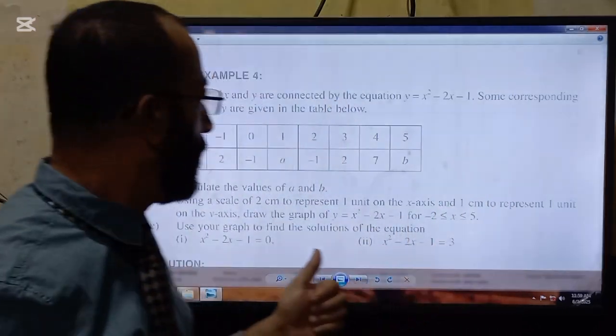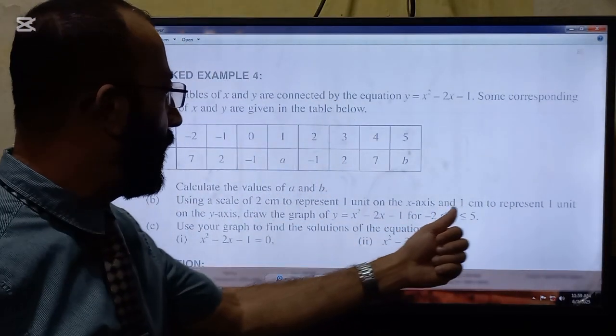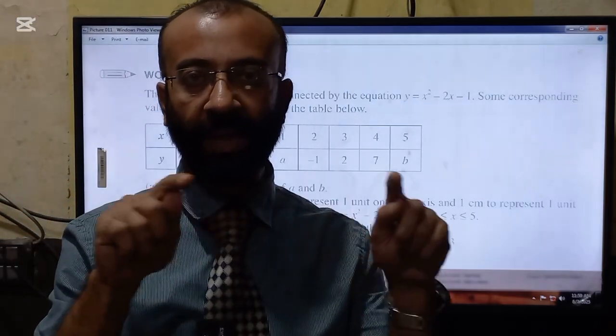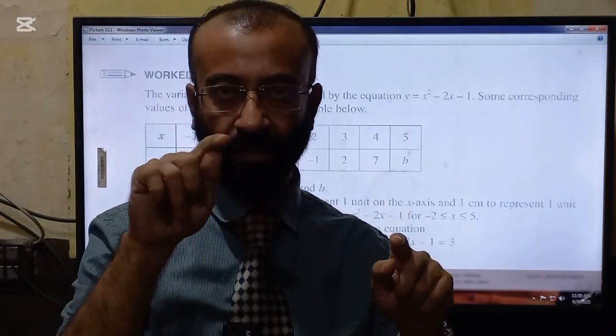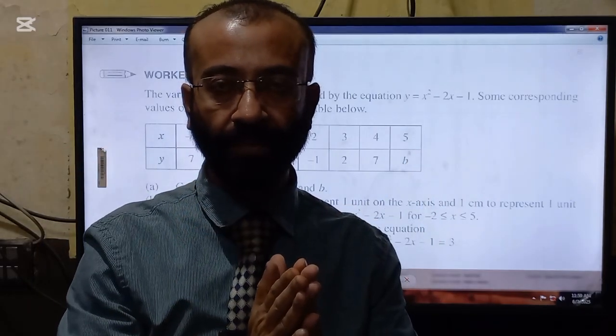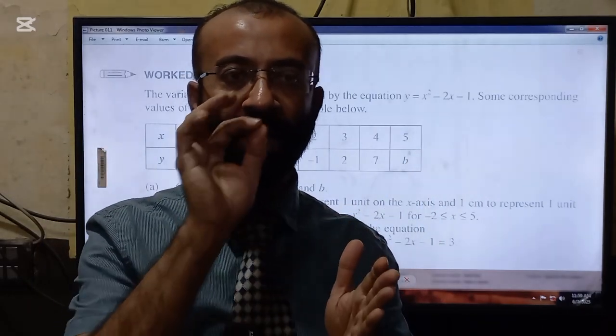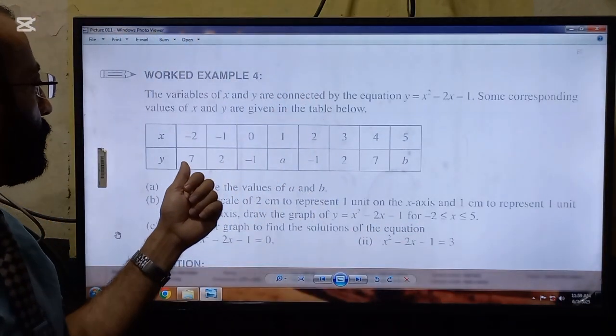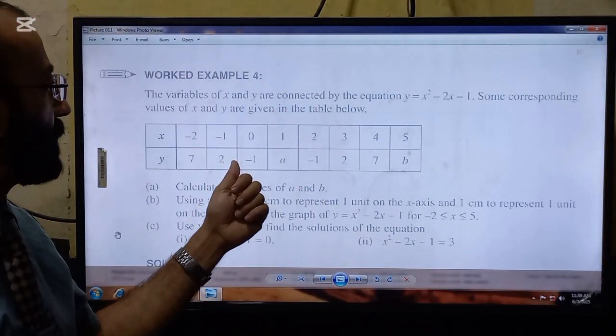Next step is we are given the scale of the x-axis and y-axis. So according to the scale, we will plot x-axis and y-axis on the graph paper. Next step will be we will plot the set of the values from the table, that is -2, 7, -1, 2, 0, -1 and so on.